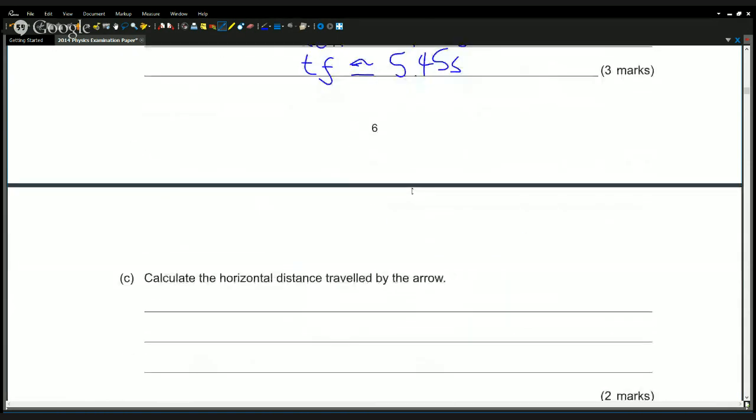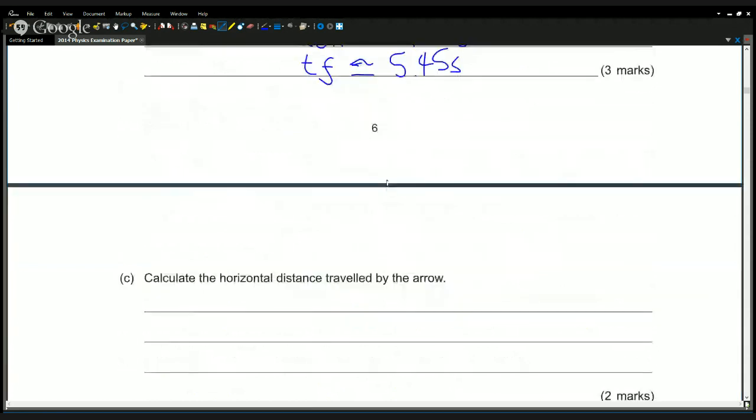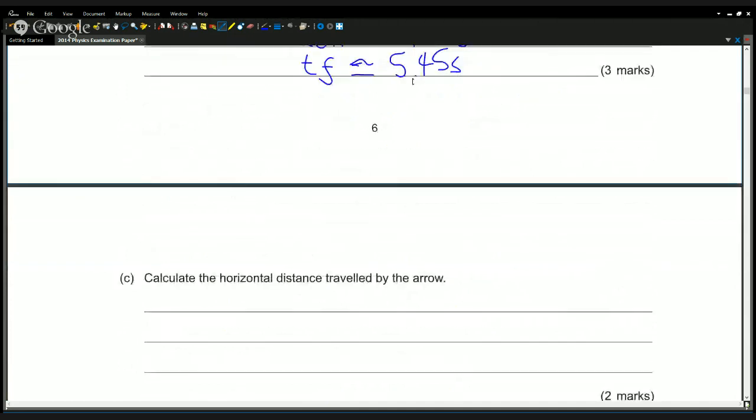Okay, and a lot of these things, we knew those two were correct because we got the correct answers, but this one we don't know because it's not a shown question. But all the same, when you do the next part of the question, because you actually need the time of flight to determine that, if you get a different answer and you carry through here, they'll mark it correct because it's what we call a follow-through error.